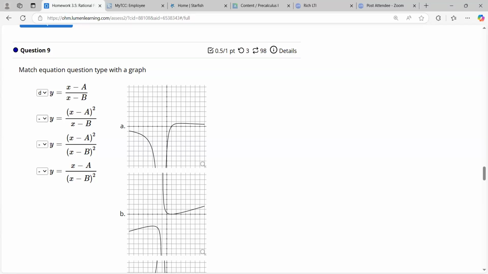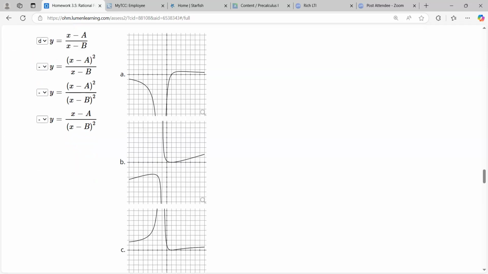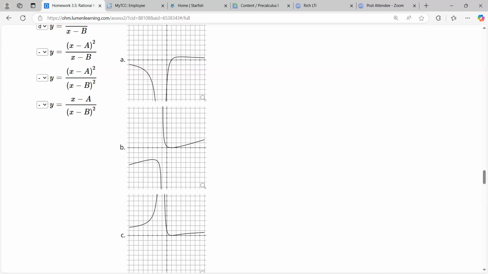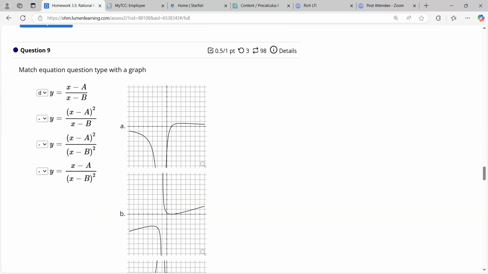No, yeah, you're right. What kind of asymptote does it have? A slant. Very good. Awesome. So we need to look at the 4 graphs. Which one has a slant asymptote? B. Do you see that? B has a slant asymptote, right? So B is this one.